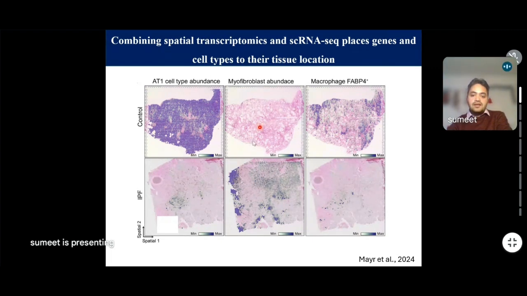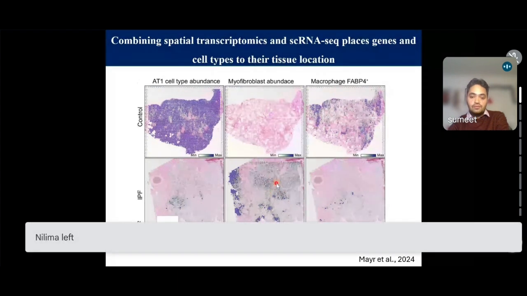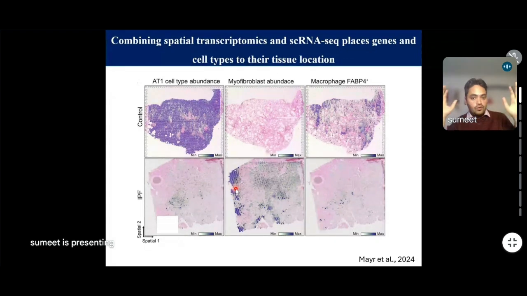But if you compare this with the IPF lung, there are lots and lots of myofibroblasts accumulating in the lung tissue. There are some patches of the lung where you have a lot of myofibroblast deposition, some patches where there is a mild deposition, and some patches which are just not affected.